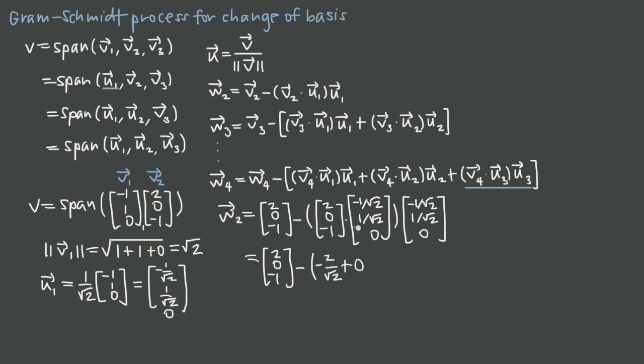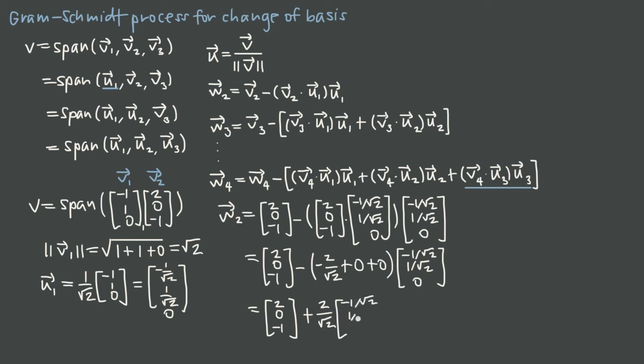Plus -1 times 0 is 0, so plus 0 there, multiplied by -1 over root 2, 1 over root 2, and 0. Really, we could just rewrite this as 2, 0, -1, and then minus a negative cancels out, and we have plus 2 over root 2, multiplied by -1 over root 2, 1 over root 2, and 0.